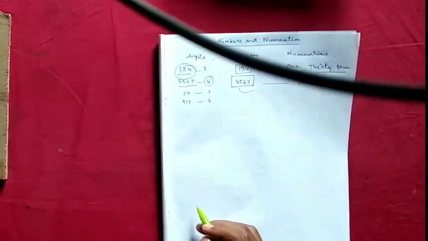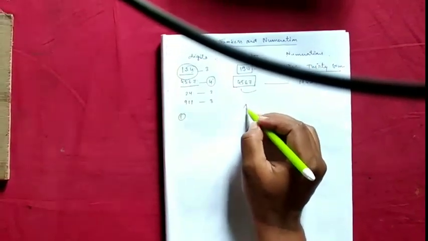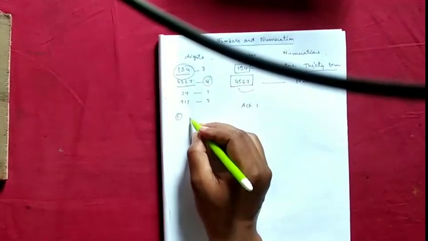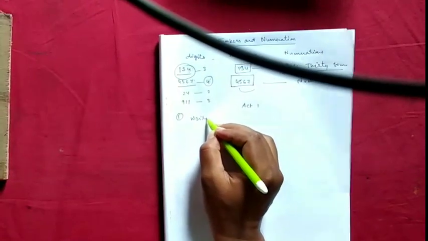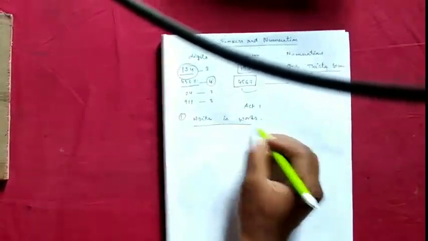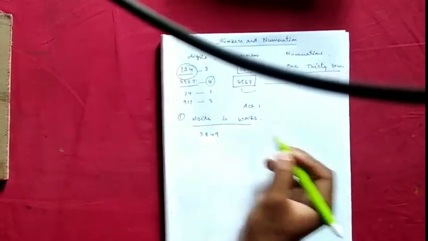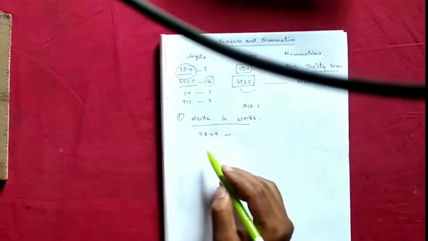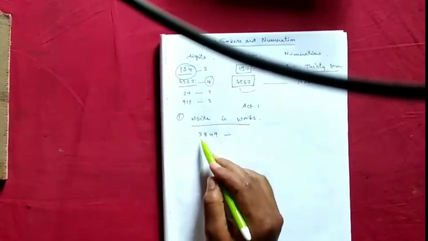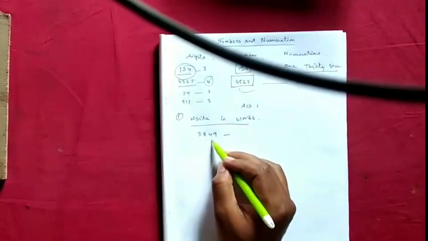Now you can see the first line is Activity 1. Write in words. The first one is 3849. How to write in words? 3849.